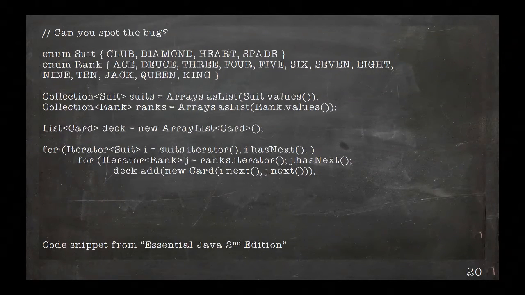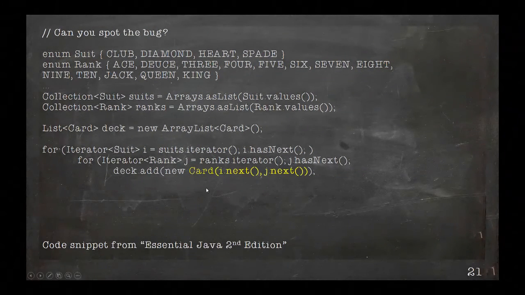What is happening here is we have gotten rid of the curly bracket delimiters for blocks, which is completely valid, and we're using for loops, which can get quite messy to read. We have a new Card(i++, j++), this line here. What we are trying to do with this code is populate a deck of cards.